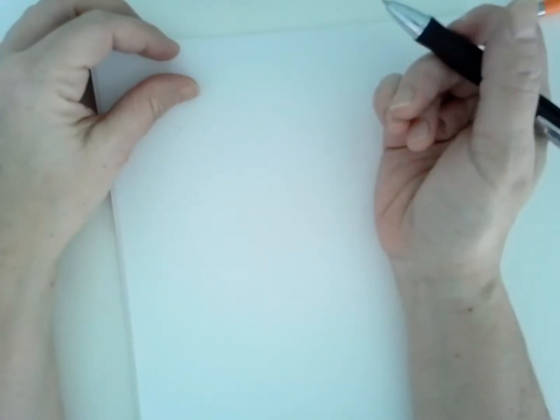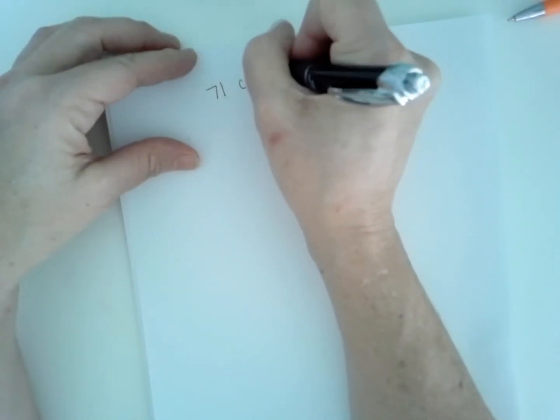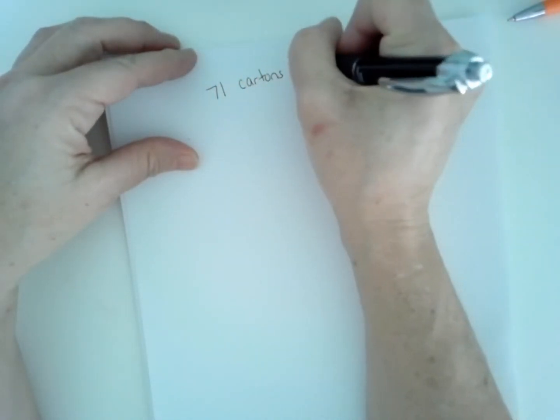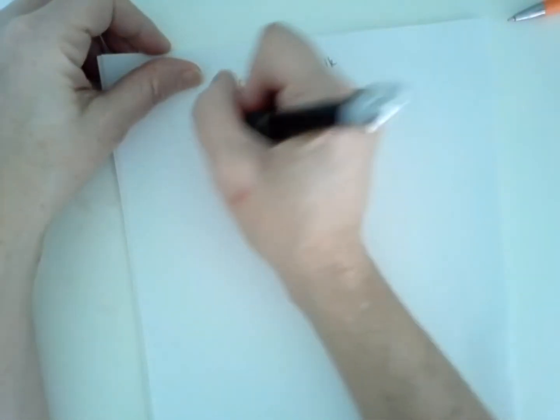The cafeteria manager wants to put milk cartons into crates that hold 8 cartons of milk. She has 71 cartons of milk. Okay, so there's 71 cartons of milk. And she's going to put them into crates.